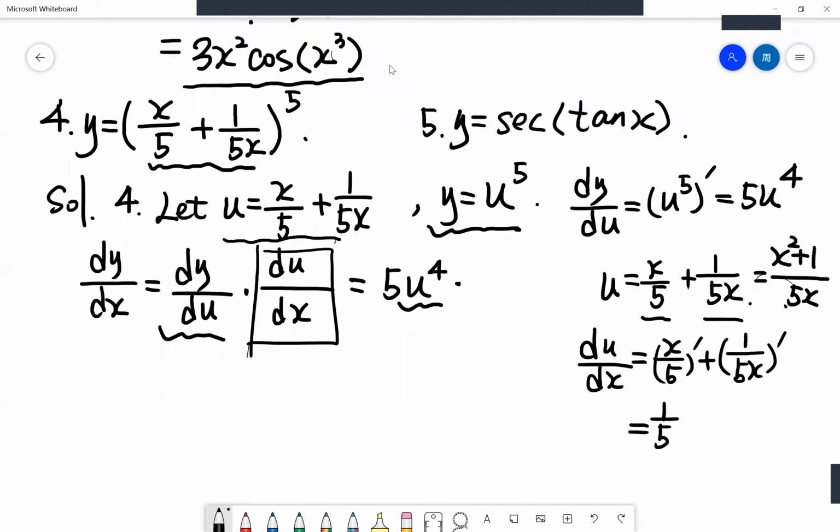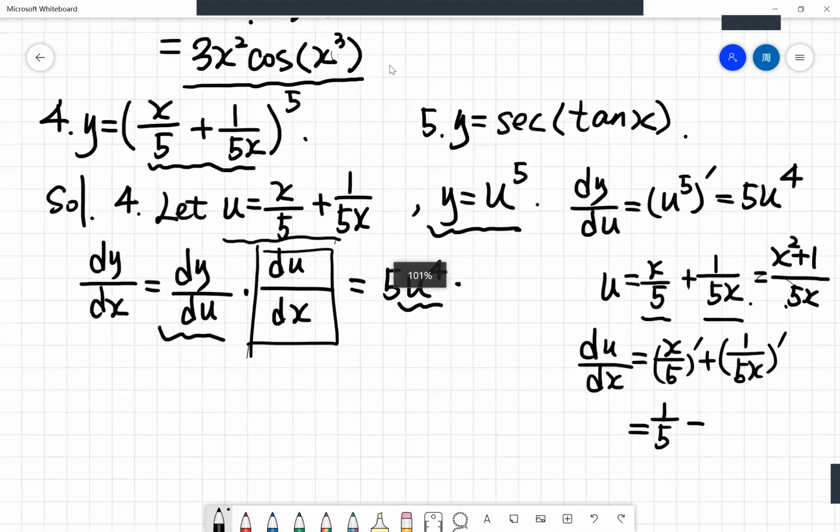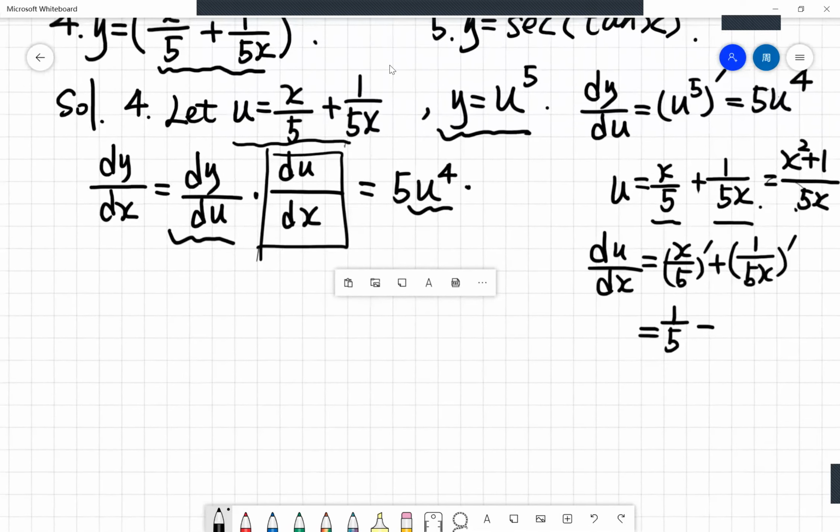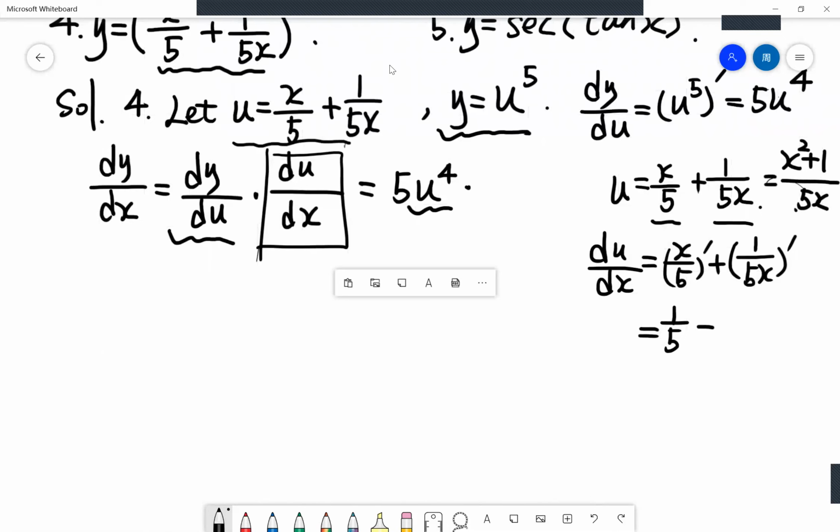So here it is 1/5. And plus here, you can also take 1/5 outside and then times (1/x)'. And (1/x)' means x to the power minus 1, right?